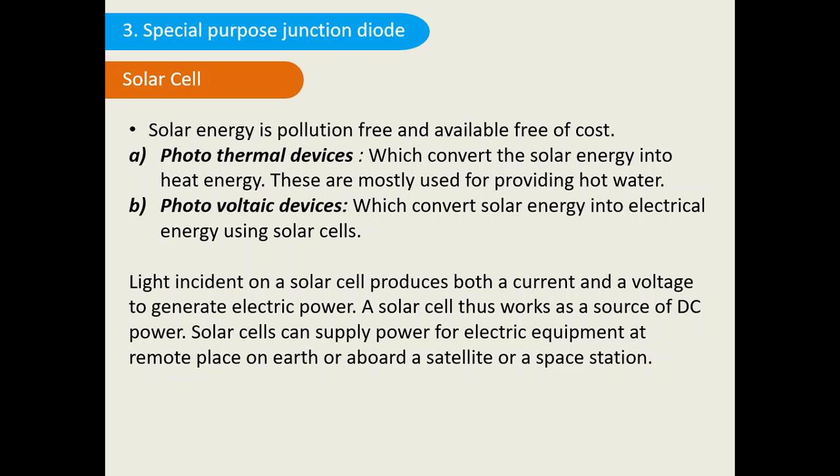In remote places, like villages and underdeveloped places where power lines cannot be drawn, we can use solar cells to convert solar energy into electrical energy and supply the electric power to those places. Also, in the case of satellites or the space station, the electrical power is actually supplied by using solar cell technology.